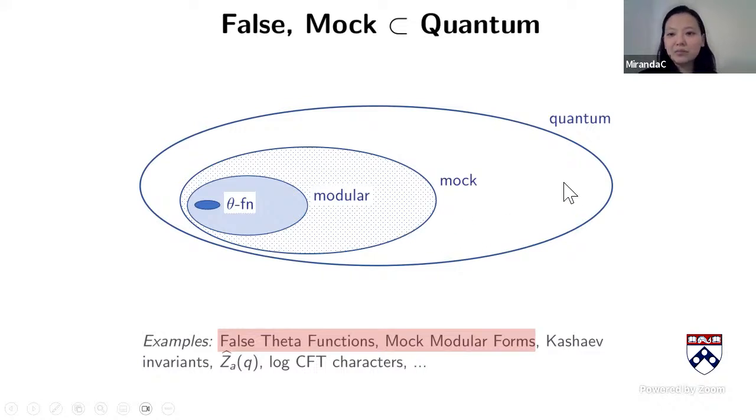And then I'm sure most of you have heard about mock modular forms, and it will turn out that mock modular forms also generalize the idea of usual modular forms and fall under the definition of quantum modular forms. Similar things can be said about false theta functions. There are also other examples of quantum modular forms that we will explain.